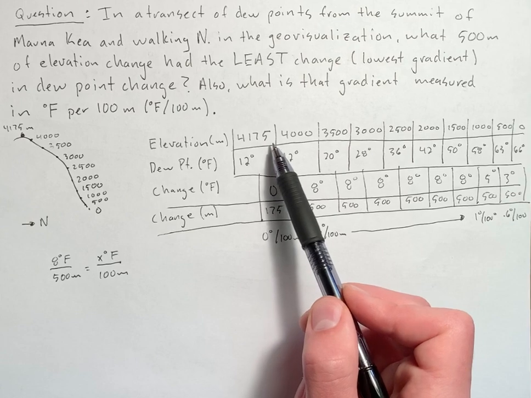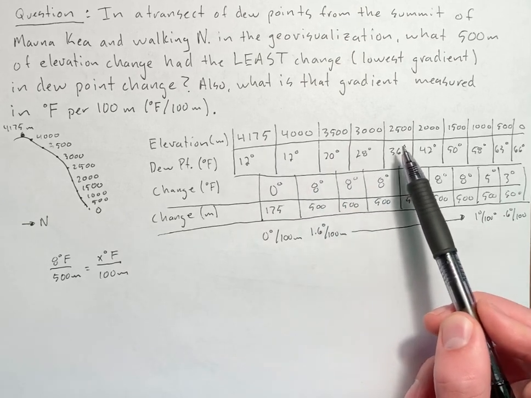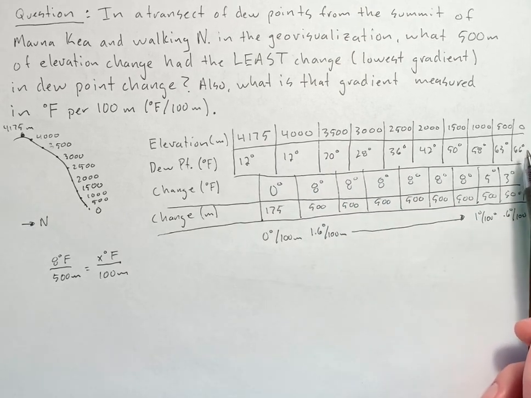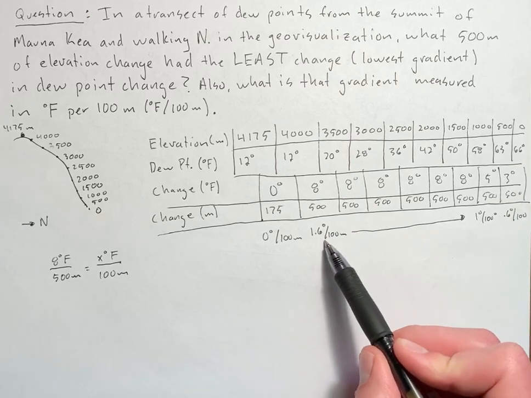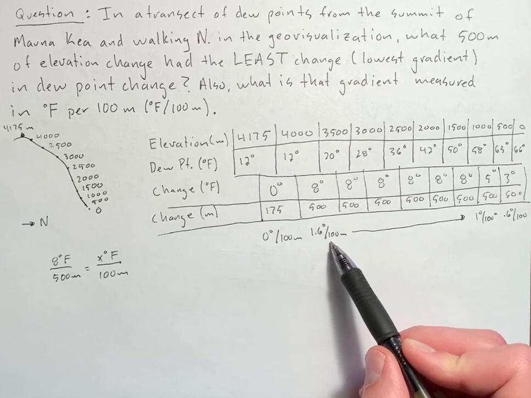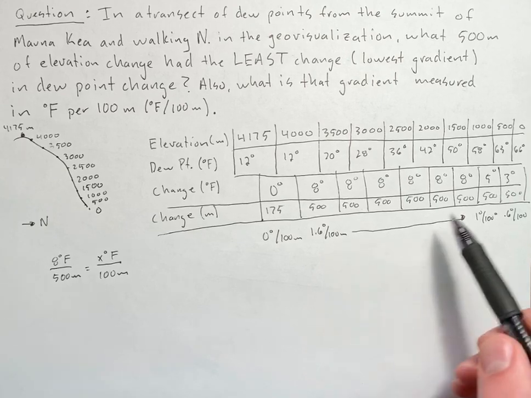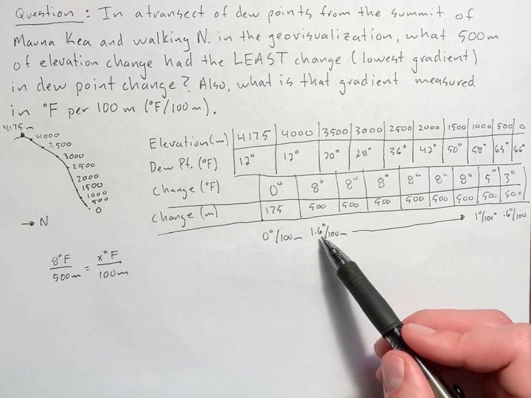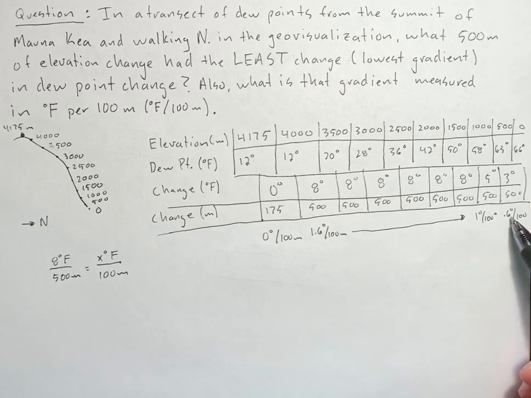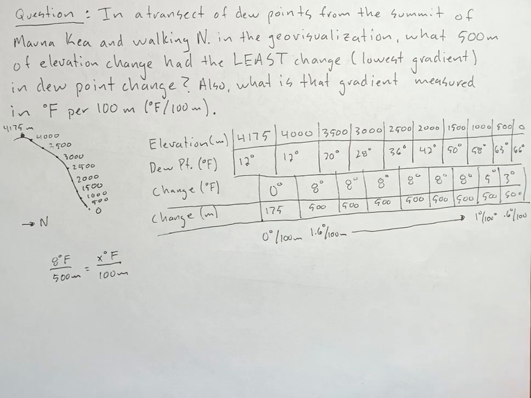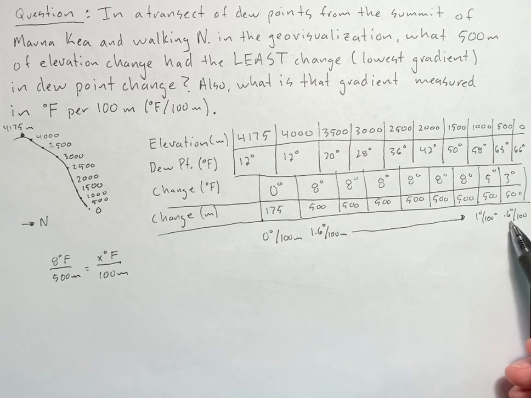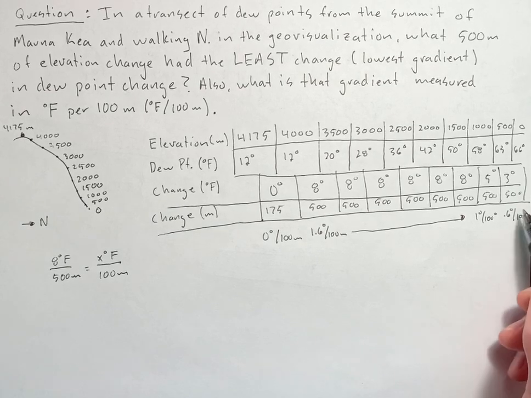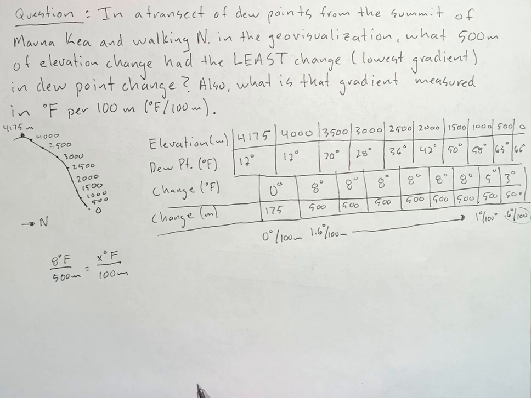That's a 175 meter increment. So we need to check the rest of these where we went down by 500 meters. These are all 1.6 degrees per 100 meters, all right? This one is 1 degree every 100 meters, which is less than that. But right down here, between 0 and 500 meters, our gradient is 0.6 degrees Fahrenheit of change per 100 meters. So that is our lowest gradient.